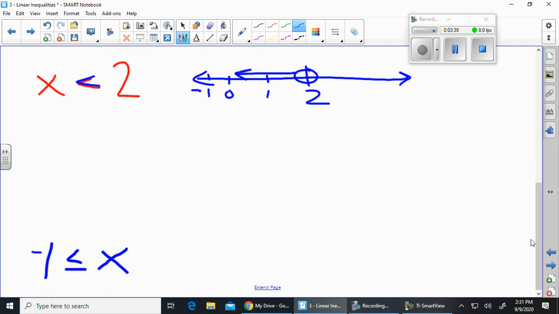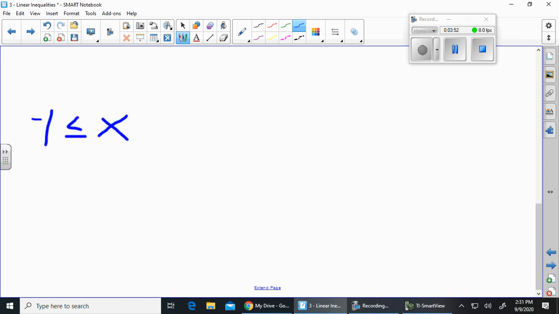So here, the reason I give this one is because there's a lot of people that think less than is left. Well, if you did this problem and you went left, you would be wrong, because this is saying, give me numbers x that are bigger than -1.